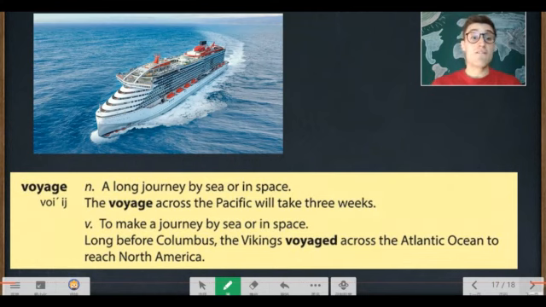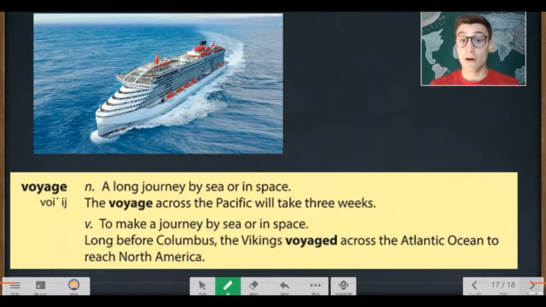Next, it's voyage. Voyage has a noun and a verb meaning. The noun voyage is the name of a long journey by sea or in space. That's it, those two. A long journey by sea or in space.